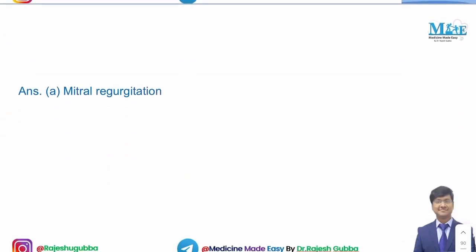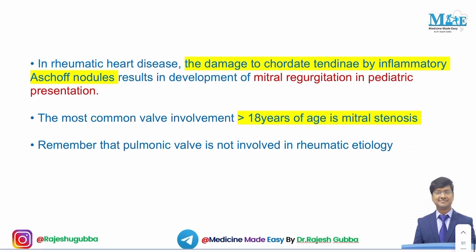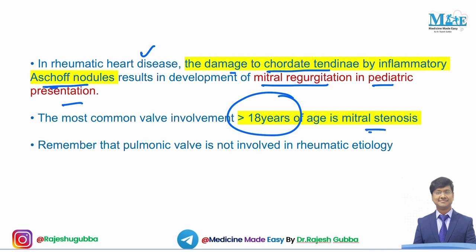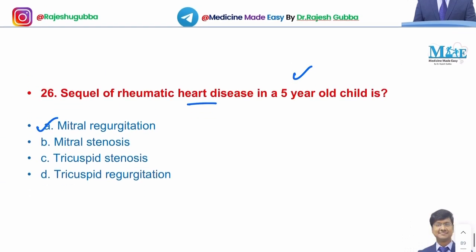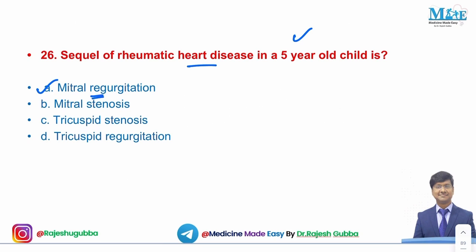The reason is that damage to the chordae tendineae by inflammatory Aschoff nodules results in mitral regurgitation in pediatric presentation. Whereas in individuals older than 8 years, the most common valvular lesion is mitral stenosis. So the answer is mitral regurgitation, because the question specifically asks about a 5-year-old child.